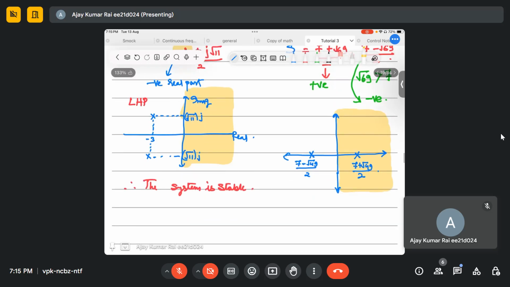So what we can say about the transfer function or the system is that the system is unstable, because of the pole in the right hand side.